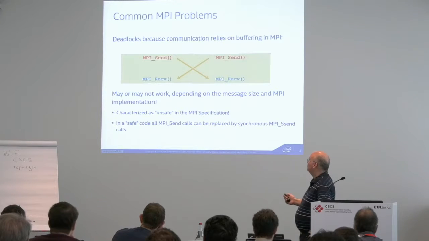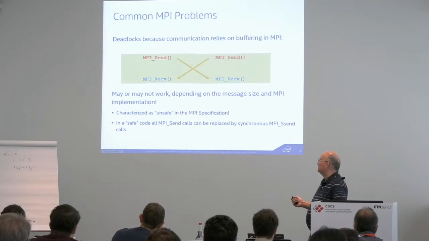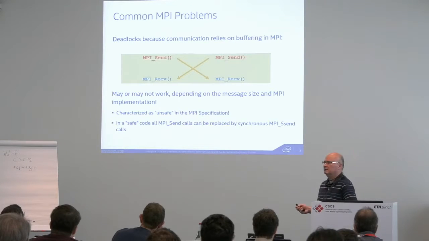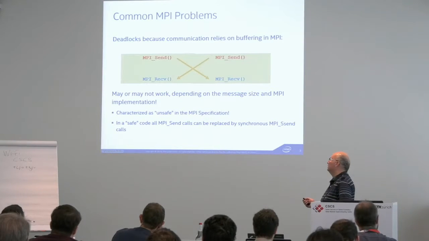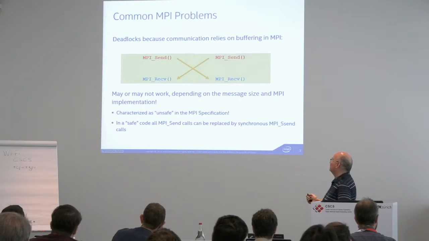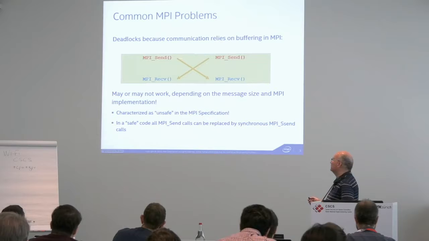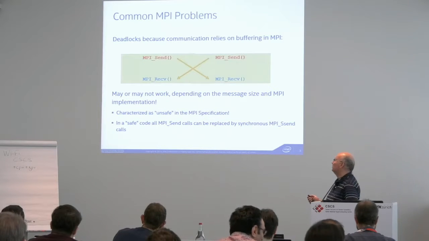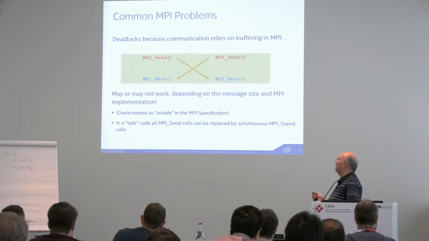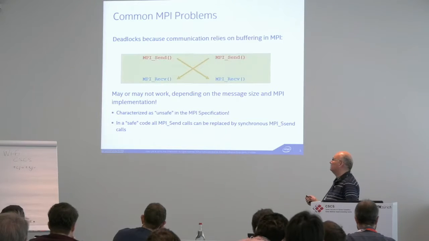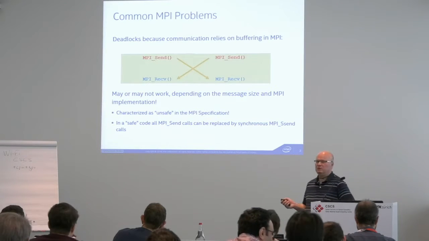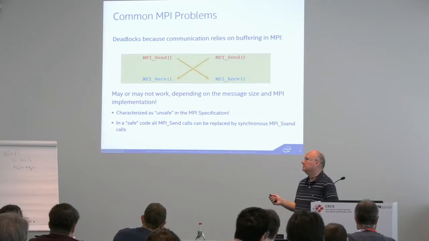This would be the typical situation that I faced here with my port of the DWD code, or how you can generate a deadlock in MPI. So both ranks here issue an MPI send, and they can only proceed if they get the matching MPI receive from the other side.